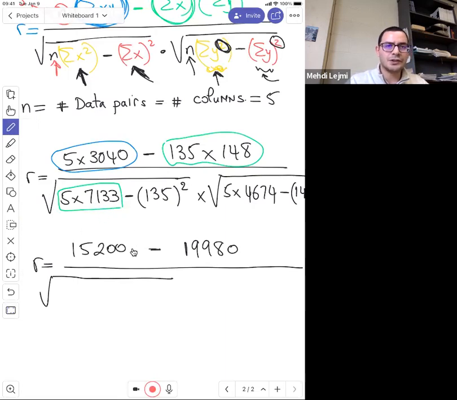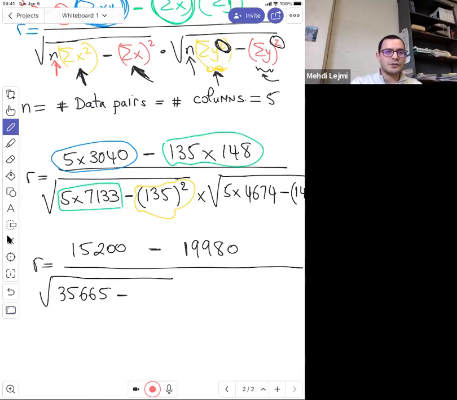So that'll be equal to 35,665 minus. And then we need to do the 135 squared. You see this 135 squared? That's 135 times 135, right?